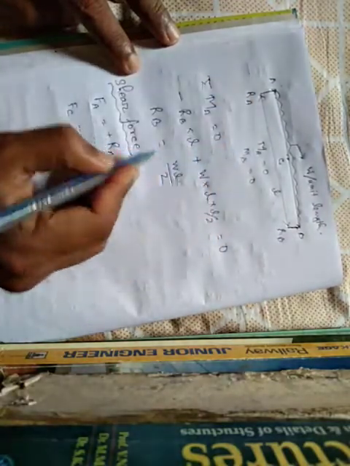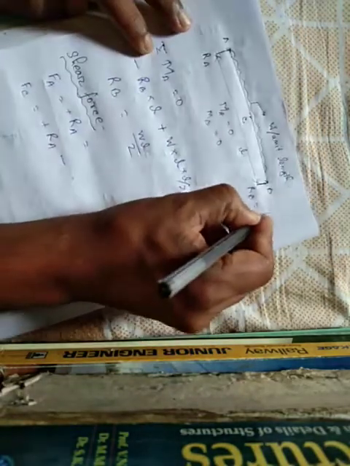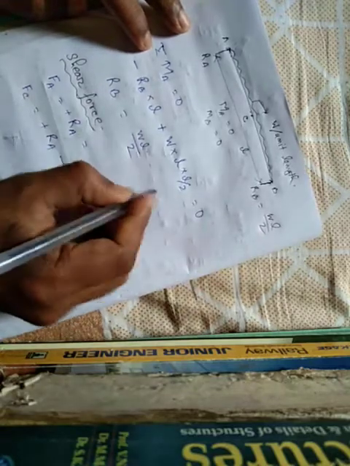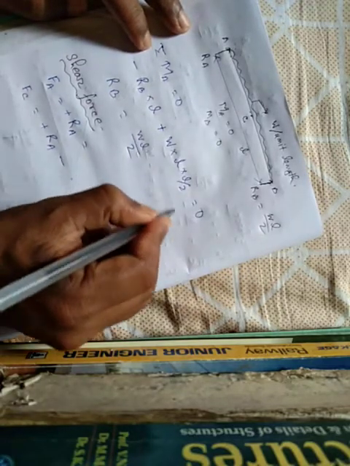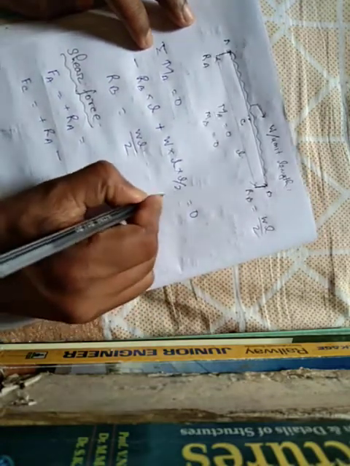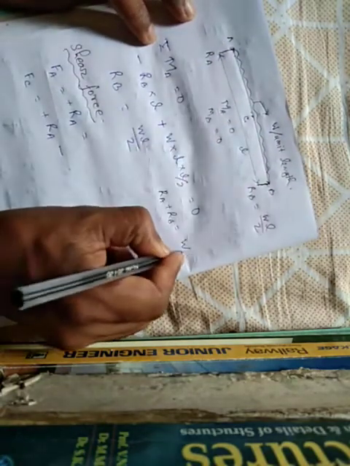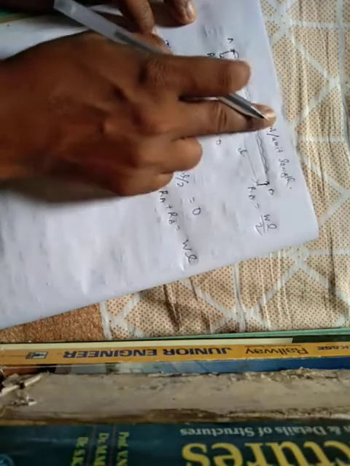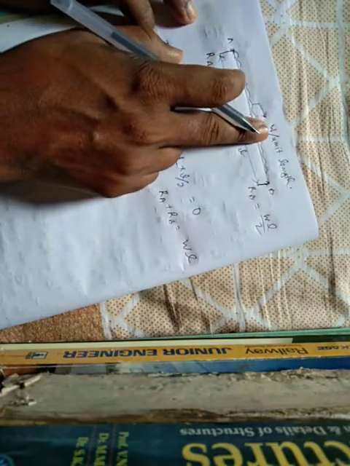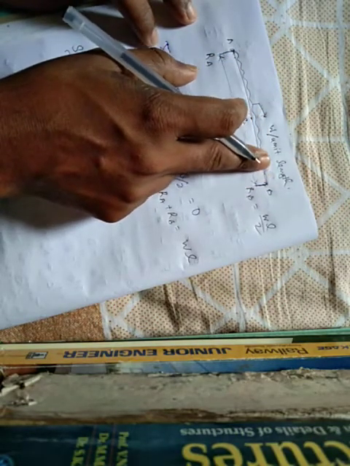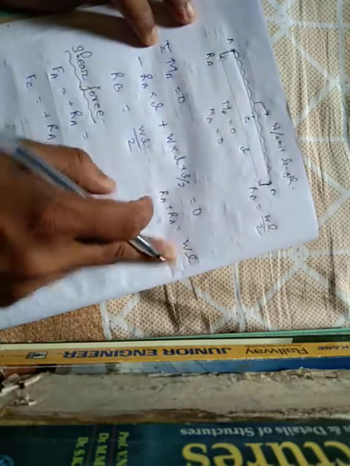the RA is equal to, let me find out the RA. Reaction force RB is equal to WL by 2, and find out the RA. That means RA plus RB is equal to total load W into L, because W is a uniform distributed load per unit length, so we have to multiply by the length of the beam.